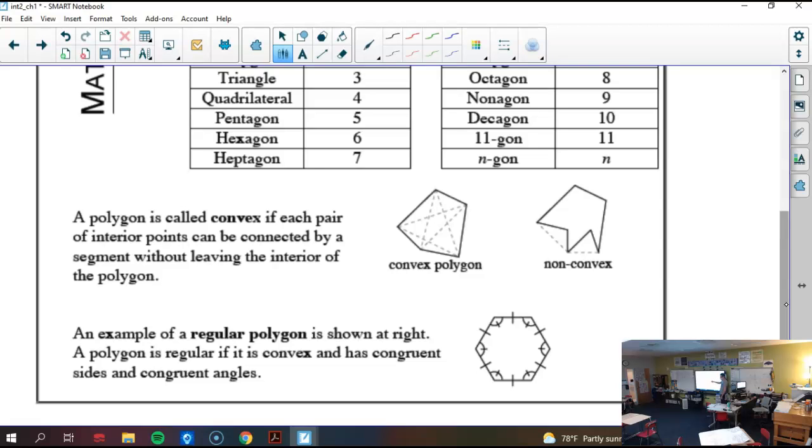The thing I did want to talk about: convex polygon versus non-convex. Can anyone identify the difference? Is it the fact that one has to add up to a certain amount of angles and the other one doesn't? No. Oh wait, the one has all angles less than 180, and the other one has a couple reflex angles.